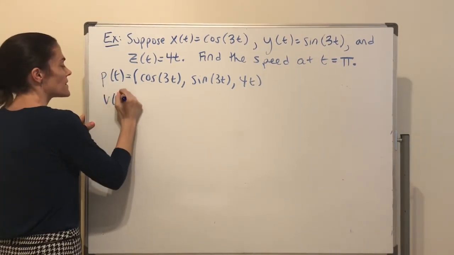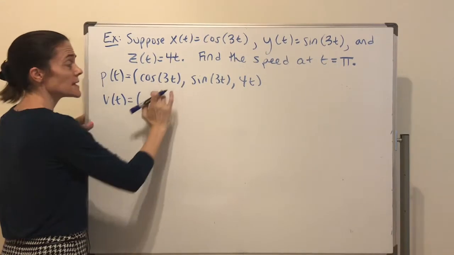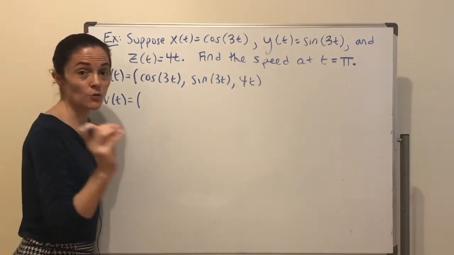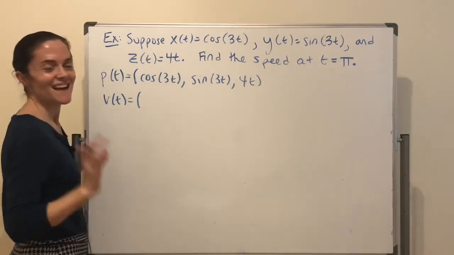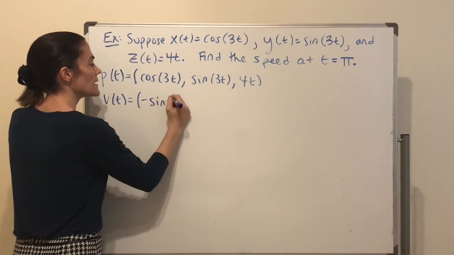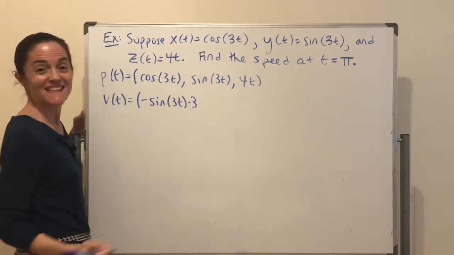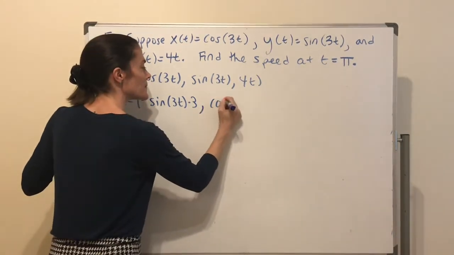Okay, here we go. First, we find the velocity as a function of time. When we differentiate these, technically, chain rule, my inside function is 3t. So we have derivative of the outside evaluated at the inside times derivative of the inside function, and similarly here.